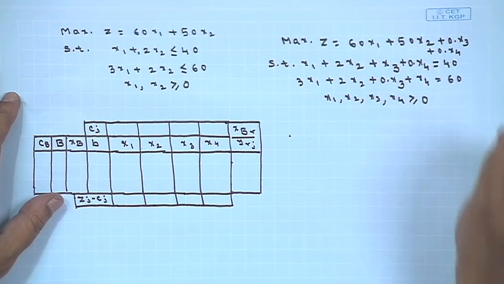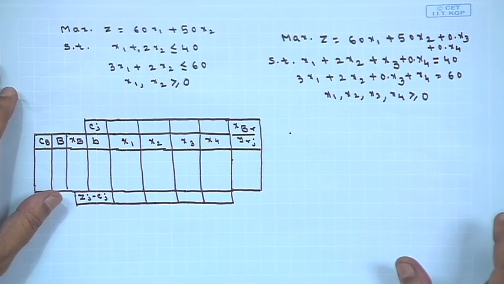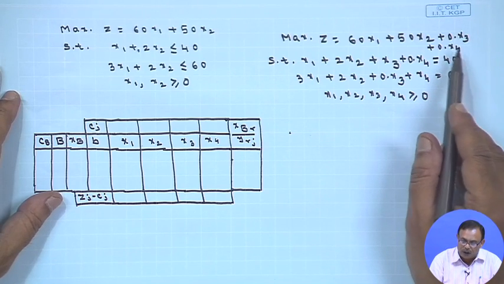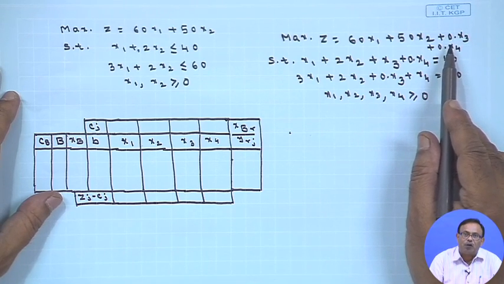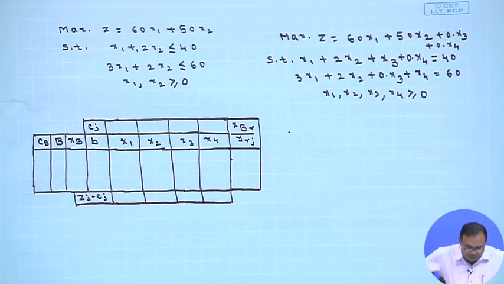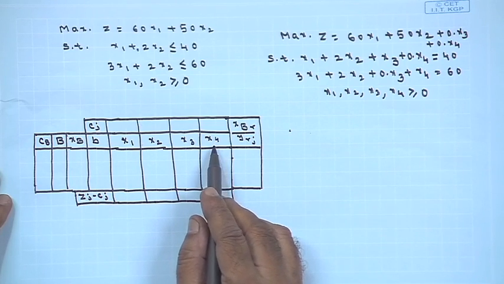So, in the cost function for the slack variables the coefficient will always be 0. Please note this one, that for a slack variable the coefficient in the cost function will be 0. Now, see this one, C b, b, x b, like this way it is written.